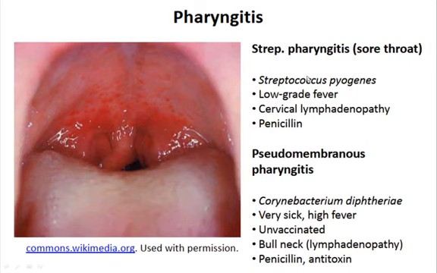So the most common causative agent is Streptococcus pyogenes, streptococcal infection, beta hemolytic Streptococcus group A to be precise. Low-grade fever, cervical lymphadenopathy, penicillin is a cure. Pseudomembranous pharyngitis is seen in diphtheria.